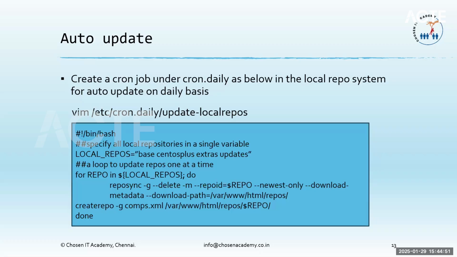A cron job is a handy thing to do a specific task on its own without manual intervention. So we can write a cron job, and in a script, something like update local repos, we can write the information inside this, like what are the packages that we have? So base CentOS plus extras common.